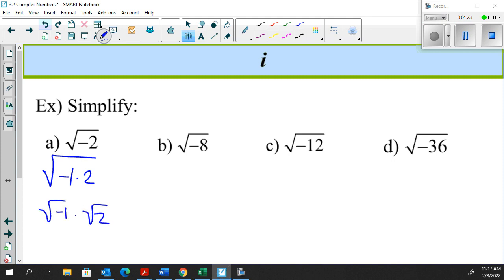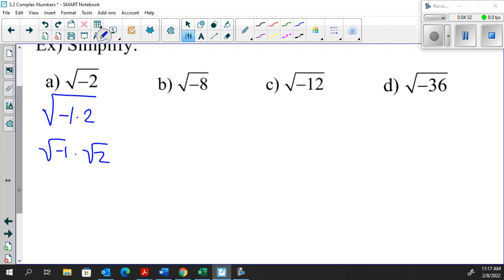Well, what did we just learn about the square root of negative 1? It's i, the imaginary number i. So this turns into i times the square root of 2, and that's what we got. I put a little tail on my i so that it doesn't just look like a 1.